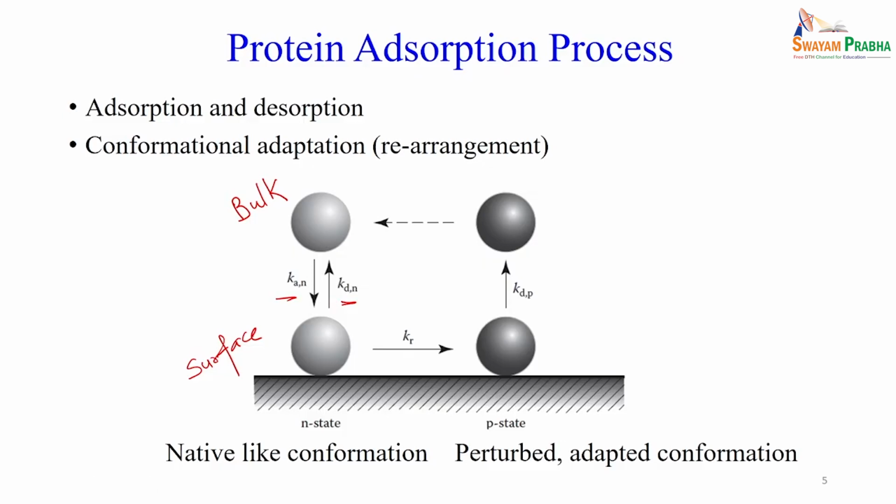So, the very first step is adsorption and desorption, or overall you can say this is the attachment. Followed by attachment, there is a rearrangement or reorientation. This next step is the conformational adaptation or the rearrangement.